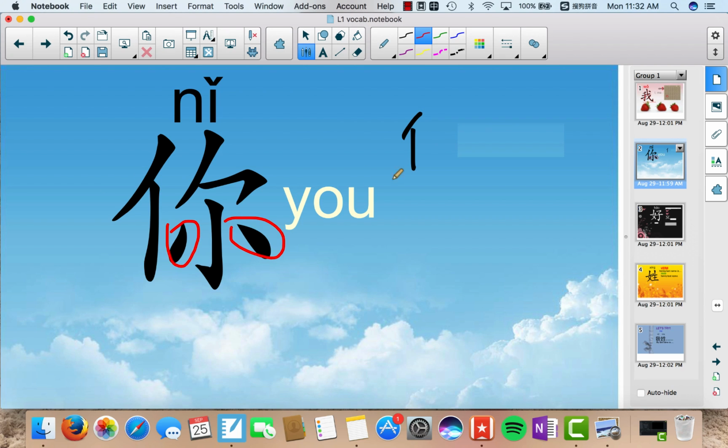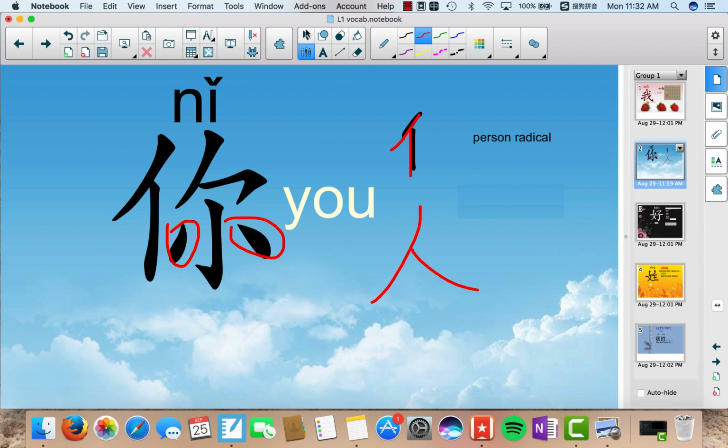So, 你 means you. Have a look at the first radical you learn in Chinese. This is called person radical. Chinese character person, if you have already learned, looks like that. Now, imagine that this is a character person. When it becomes a radical, which is part of the character, you need to squash it.